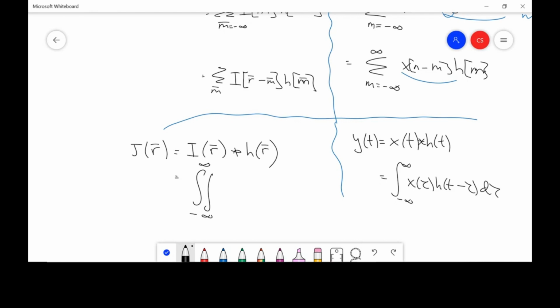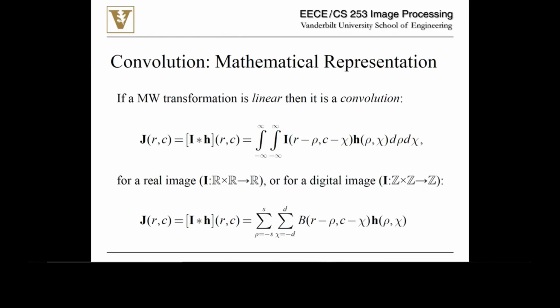The input image has to stay fixed, but I have to sum in a dummy variable. So let us call it I of r prime. And then the kernel has to move, and it will be h of r minus r prime, differential of r prime. That is the dummy variable. Those are the 2 definitions that we have there.